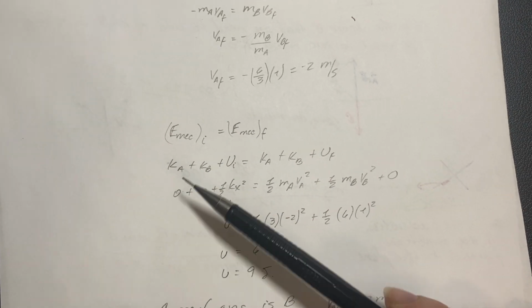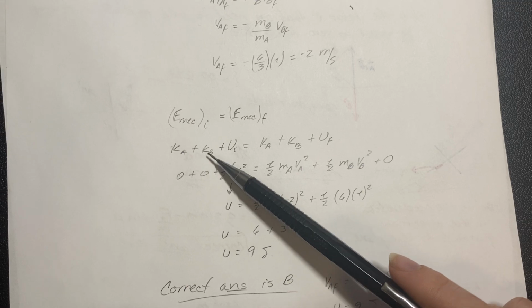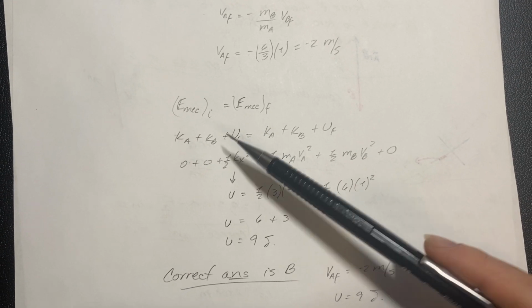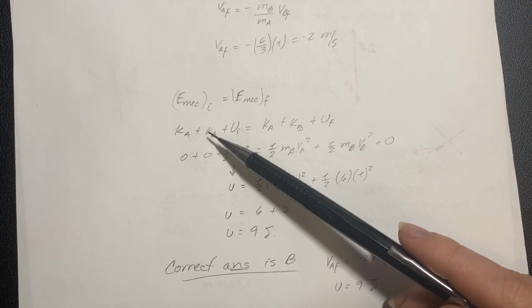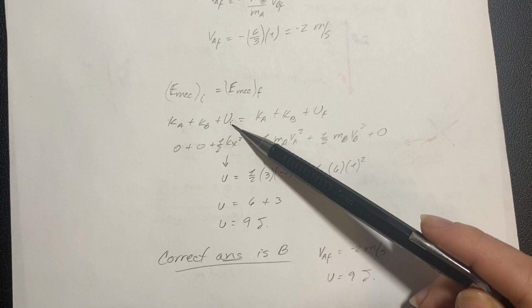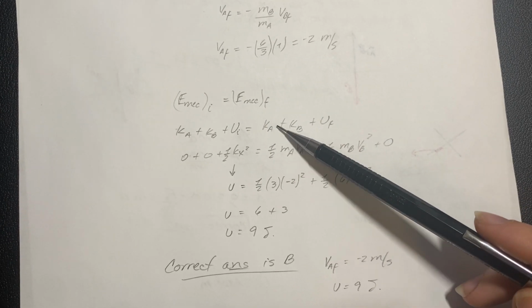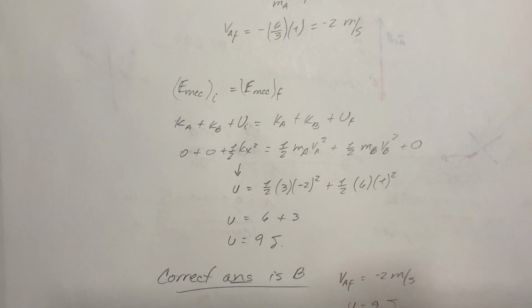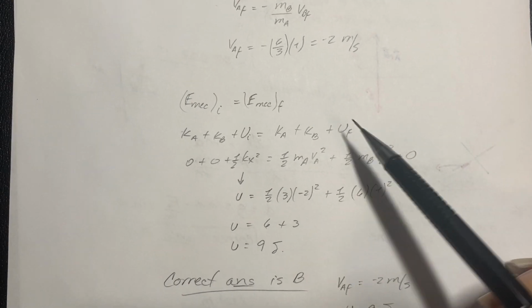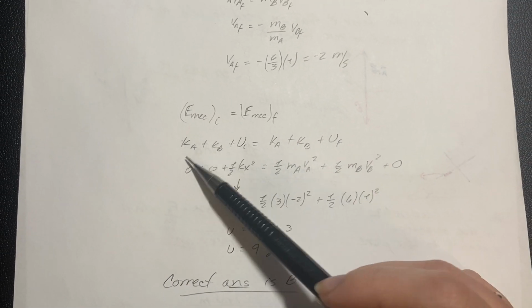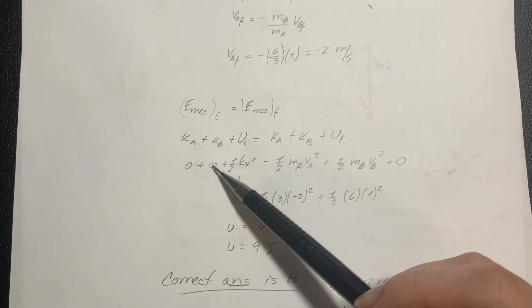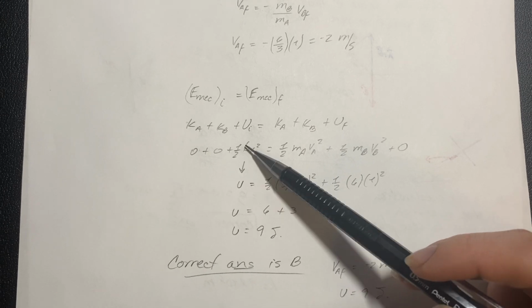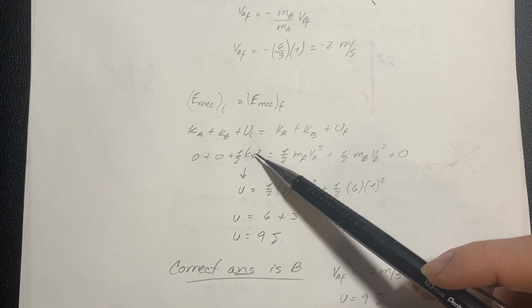The initial mechanical energy is the potential energy of A plus the potential energy of B plus the kinetic energy of A plus the kinetic energy of B plus the initial potential energy, equal to the kinetic energy of A plus the kinetic energy of B plus the final potential energy. Both of these values are 0 at the beginning, plus the initial potential energy, which is 1/2 k times x squared.